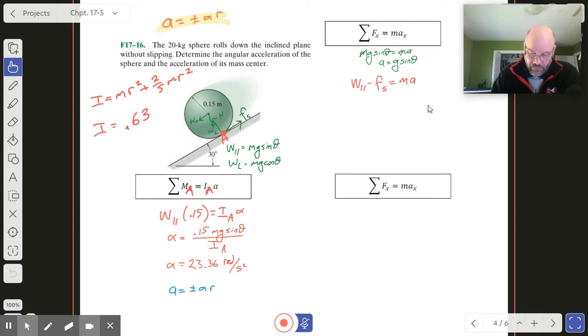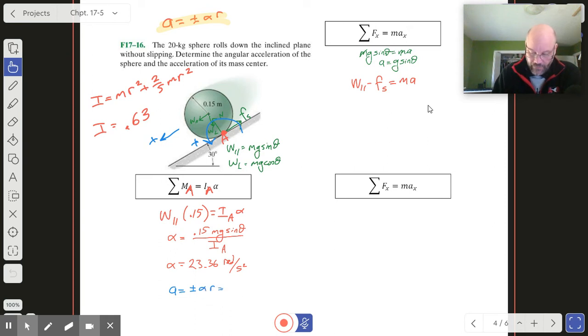I guess I didn't explicitly say it, but I called this positive translation, and alpha coming around this way is positive there. So those guys are in line with each other. So a positive alpha turns into a positive translational acceleration. So I can just use plus as I'm going through that.